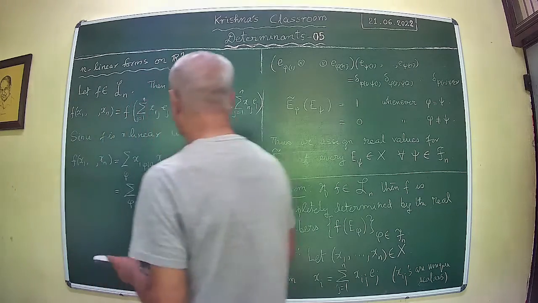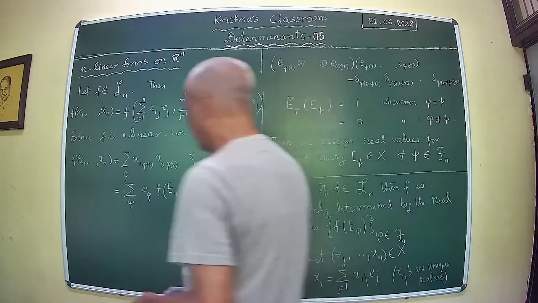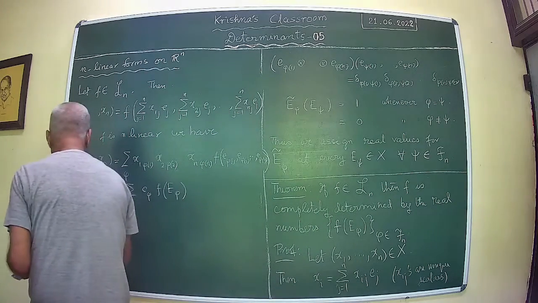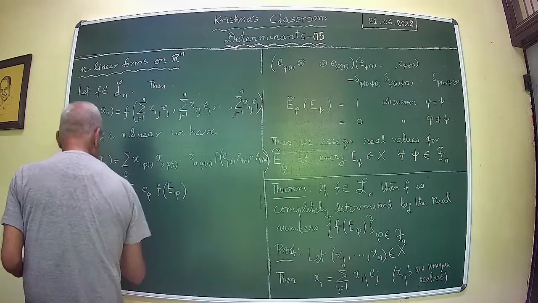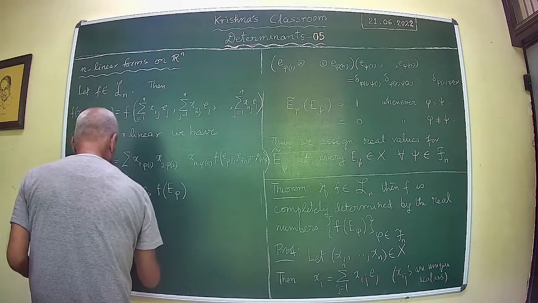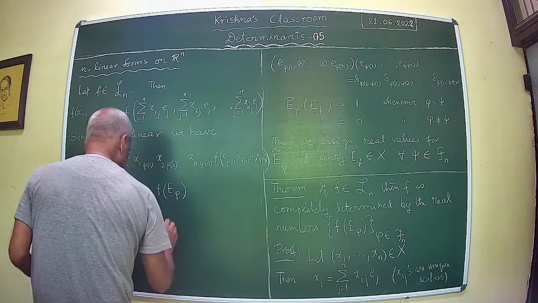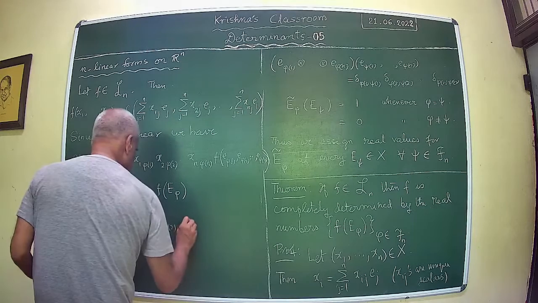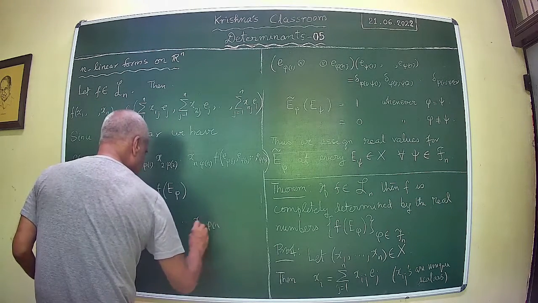You will recall the notation of E phi, where C phi is equal to x1 phi 1 into x2 phi 2 ... xn phi n. It's a scalar.